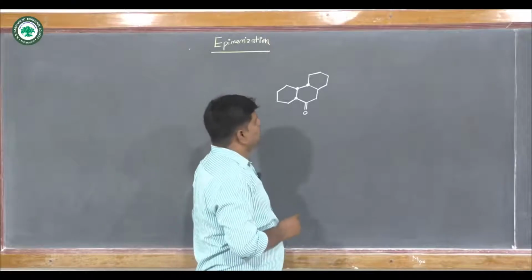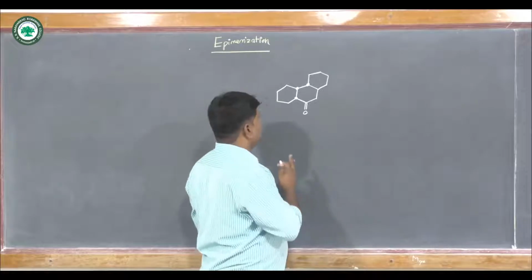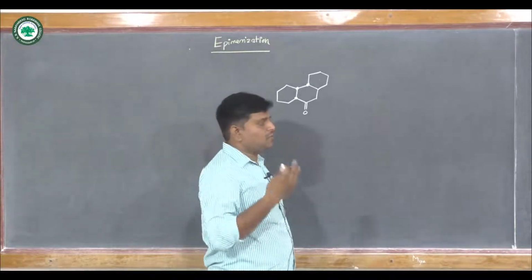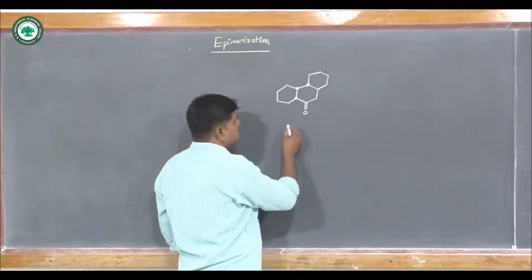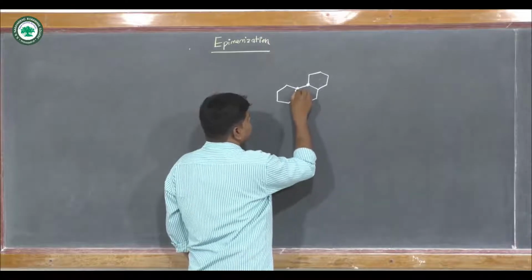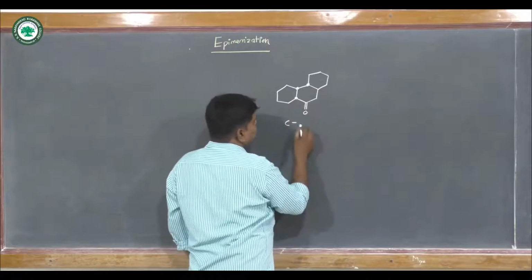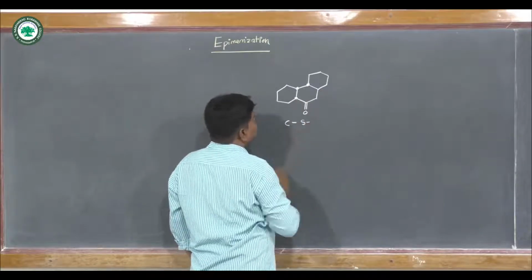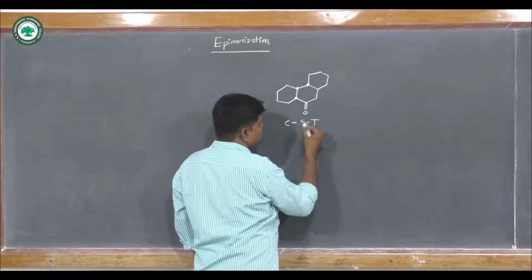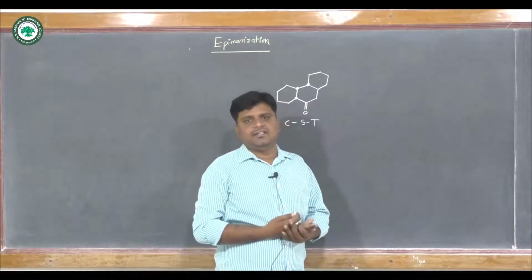As we learned in the last lecture, this is the cis fusion, so we write cis; this is syn, so we write S; and this is trans, so we write T. So this conformation is CST.